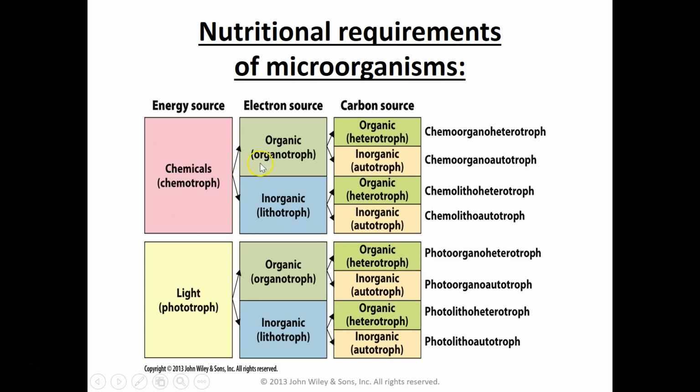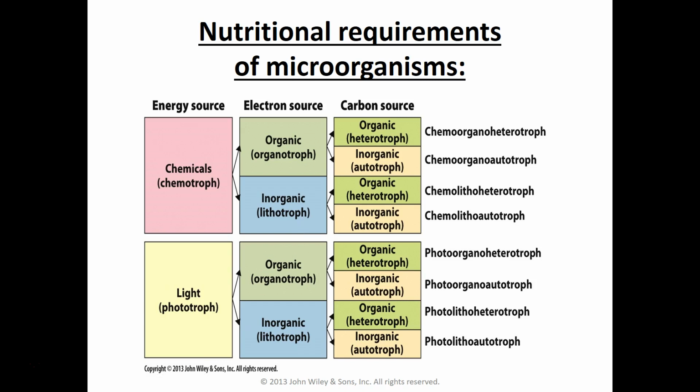The next is electrons. Remember, you have to have electrons to generate energy. But those electrons have to come from somewhere. For organic sources, you're referred to as an organotroph. If you're getting that electron from an inorganic molecule, like say sulfur, you're known as a lithotroph.